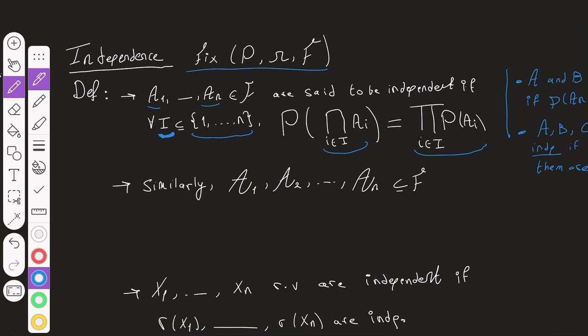But we can actually generalize it, and we can talk about the notion of independence for collections of sets.